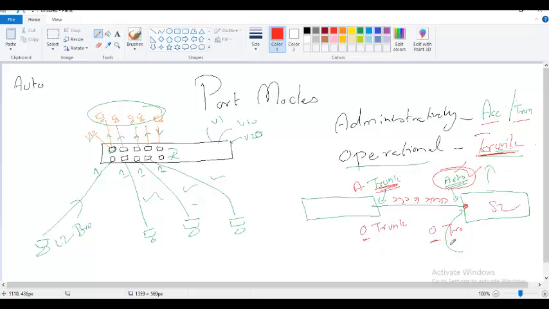But this is trunking not because of negotiation, it is because of turning on. I turned on the trunk by configuring trunk. Difference, you see, it is not same. Switch 1 is operationally trunk because administratively I said you don't have a choice. You should be trunk. I turned on the trunk mode.